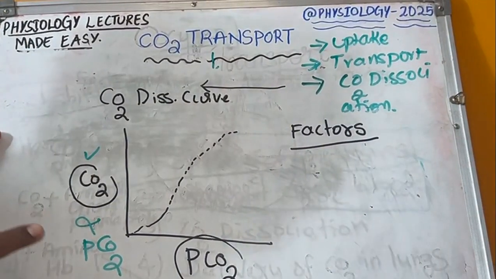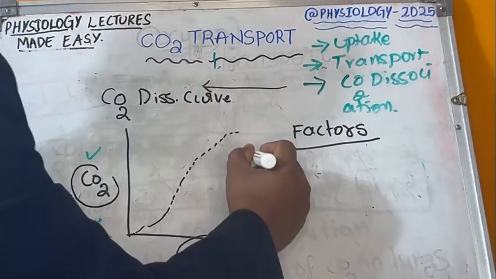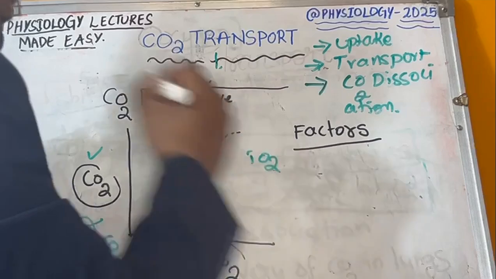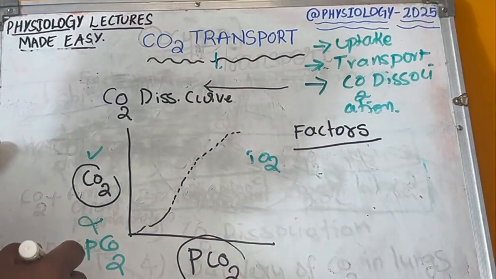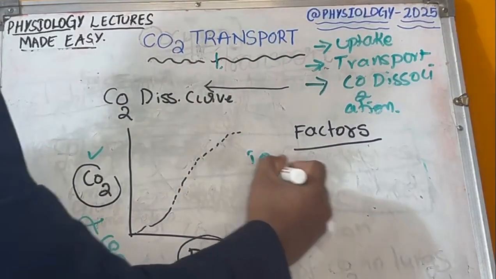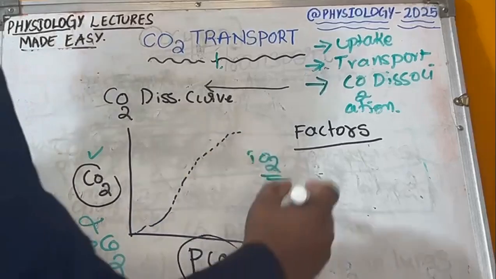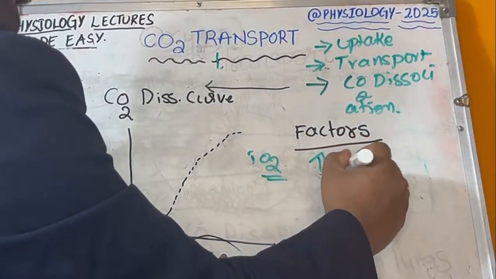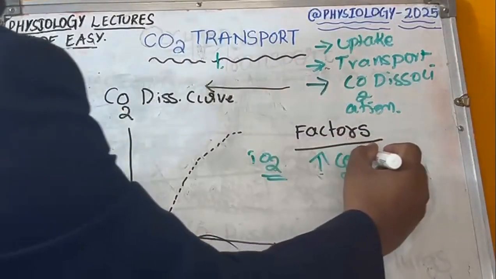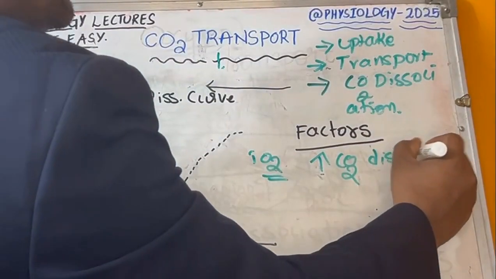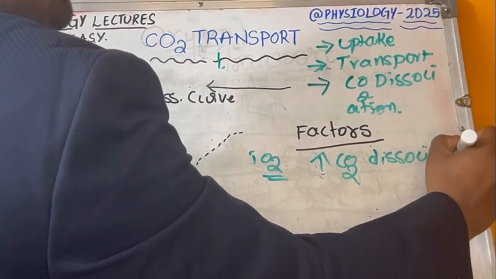So now what are the factors? One factor is oxygen. Increased partial pressure of oxygen causes an increase in the CO2 dissociation. I will explain what it is.